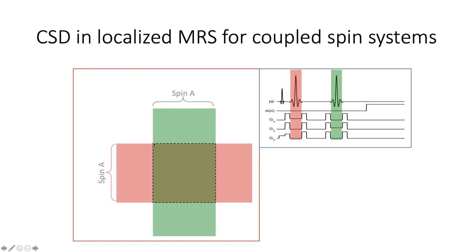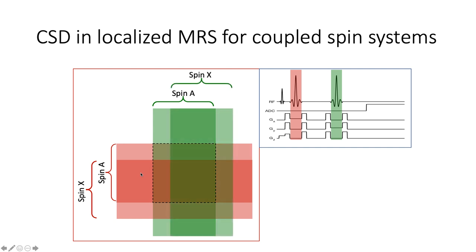This is what the region of interest might look like for one spin, which we're calling spin A. It's the intersection of the two slices generated by the two PRESS refocusing pulses. But for another spin system with a different chemical shift, those two slices are going to be shifted. The same refocusing pulses generate slightly shifted slices for our other spin, which we're calling spin X, and the intersection of those two is in a different position.